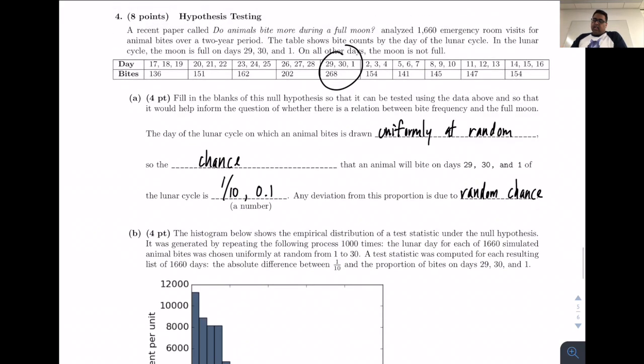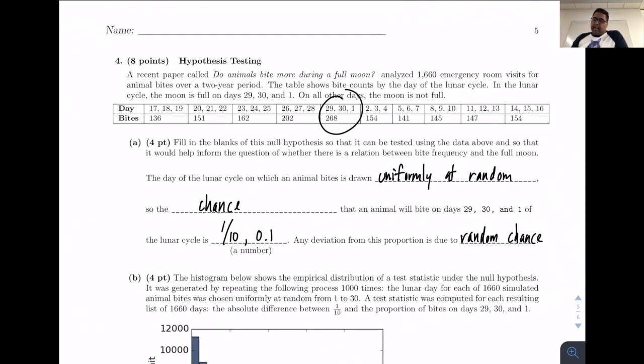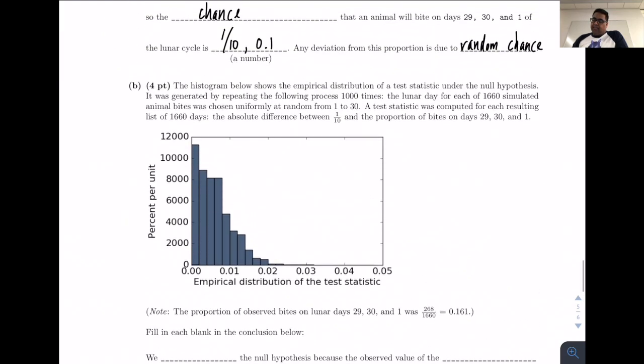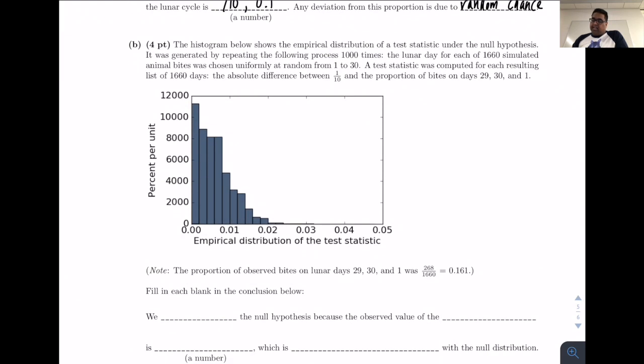If we go back up here, we know that in our data, 268 out of 1,660 of the bites fell into the range 29, 30, 1. And here we have the empirical distribution of the test statistics, saying this is how far you should be from the average of 1/10.